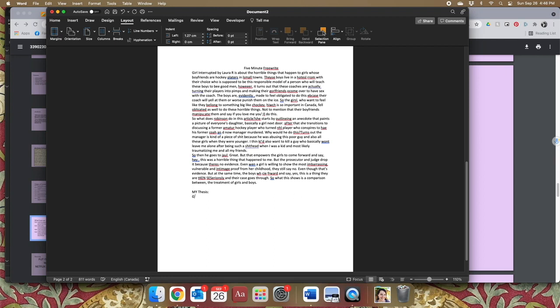Before, I was looking at what the thesis statement of the essay I read was. Now I am drafting my own tentative thesis statement. So based on the notes that I took and the free write that I did, what is it that I want to do? What is the position that I have? What is that one anchoring sentence that is going to help guide me as I write this piece?